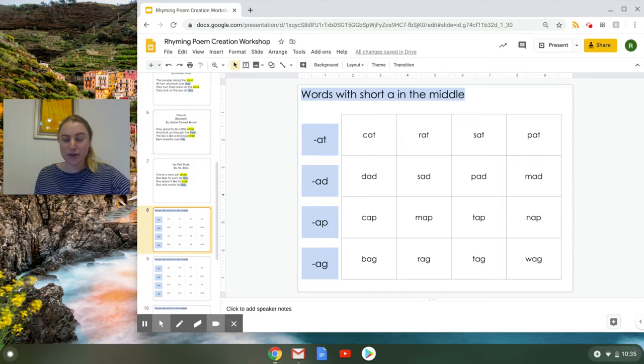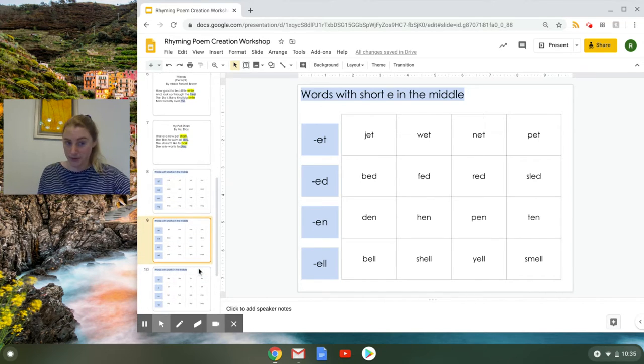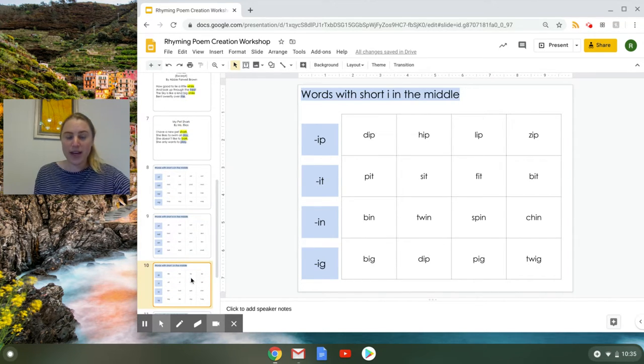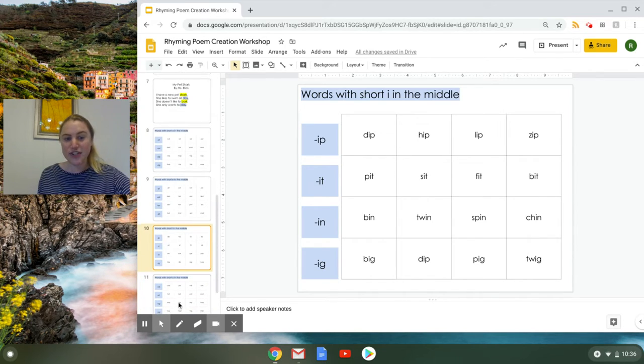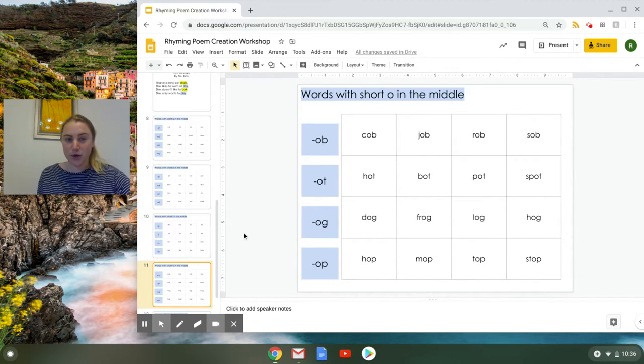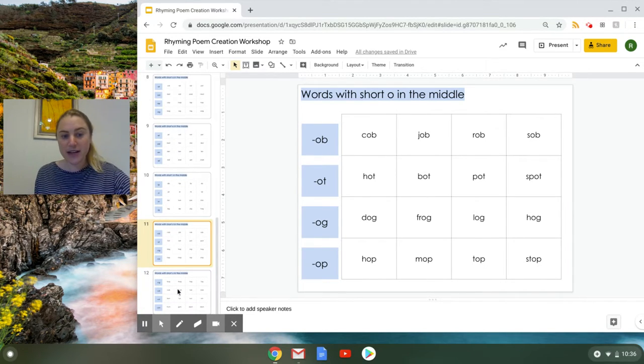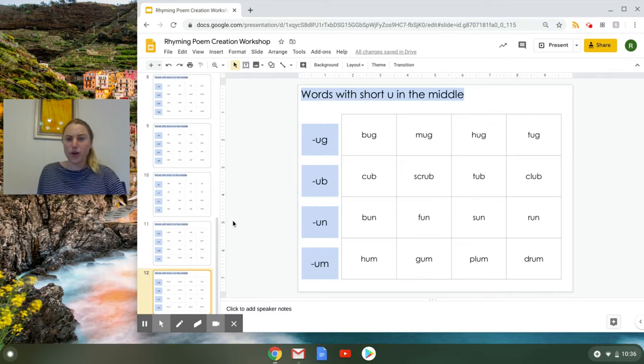So you can look through and we have the same thing, words with the sound with the short E. We have words with short I, so that sound. We have some ideas for words with short O, ah. And we also have some ideas for words with short U, that sound.